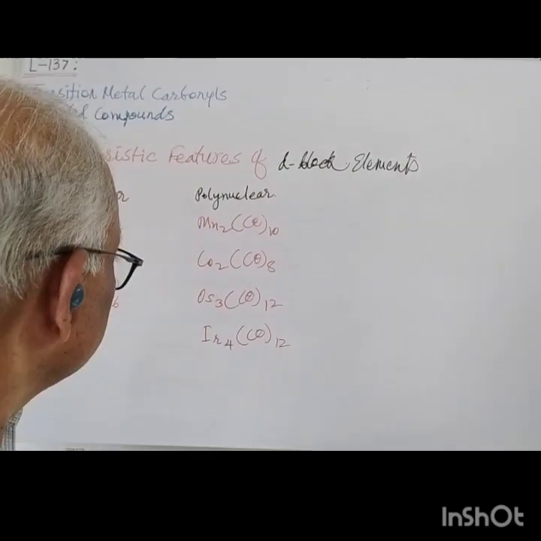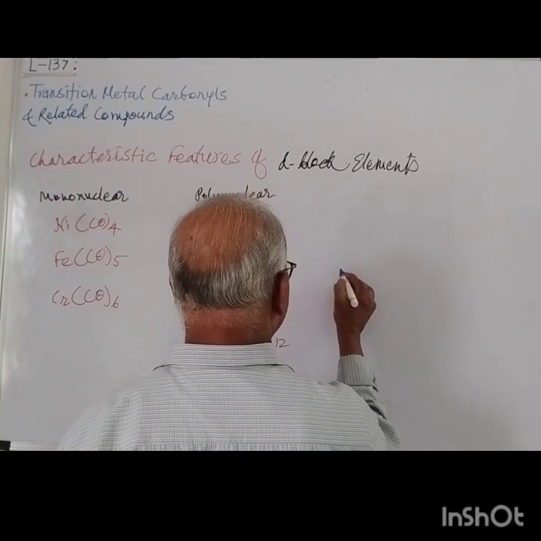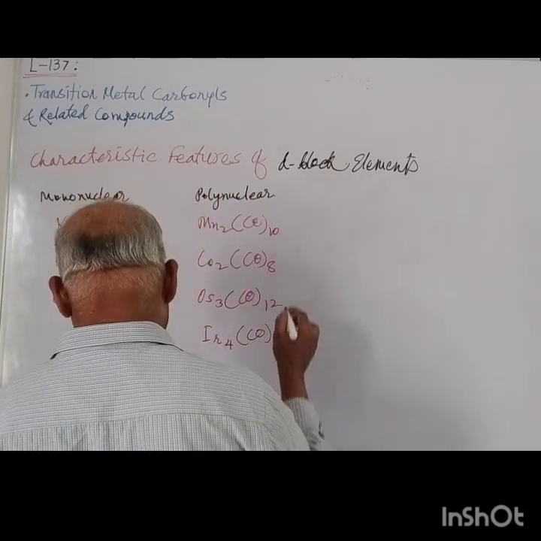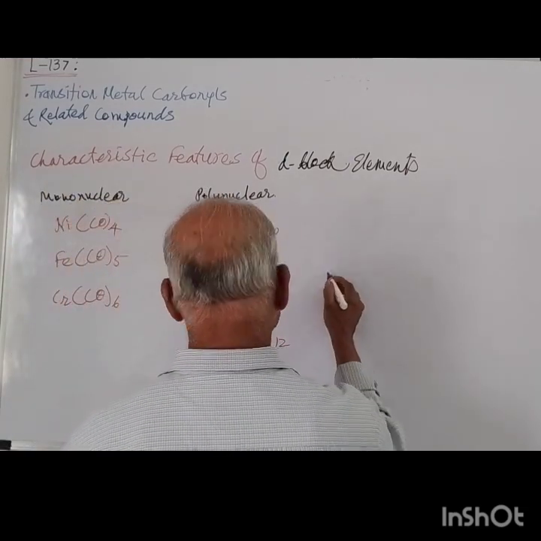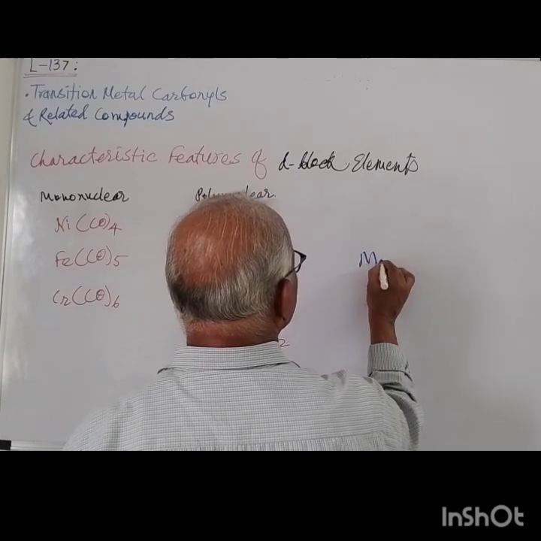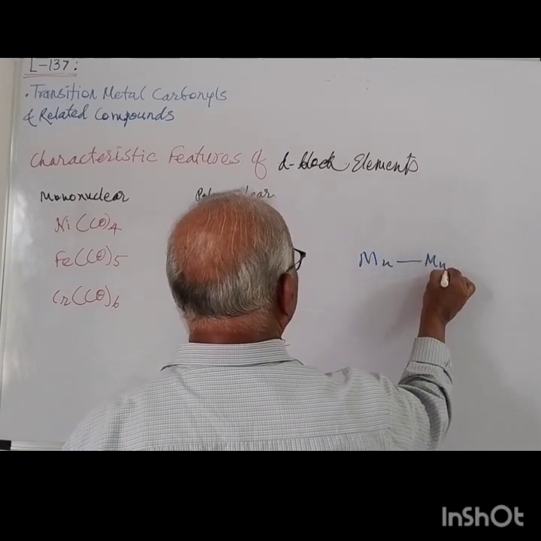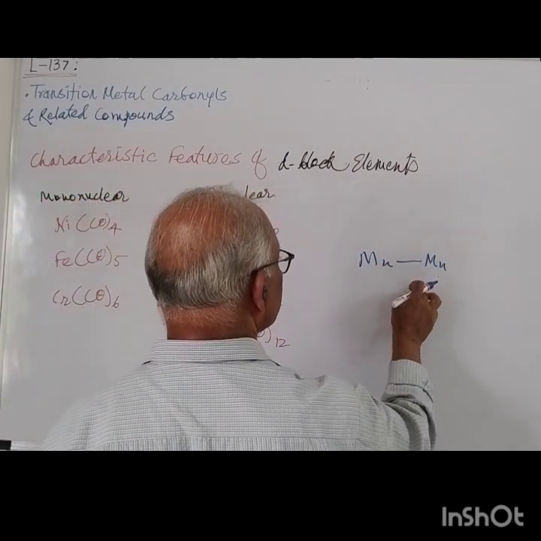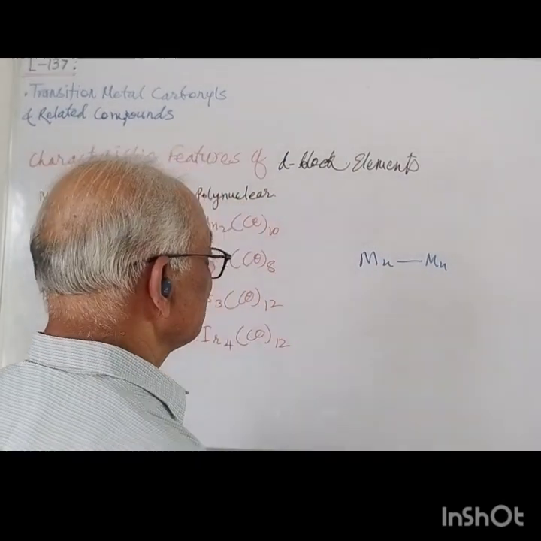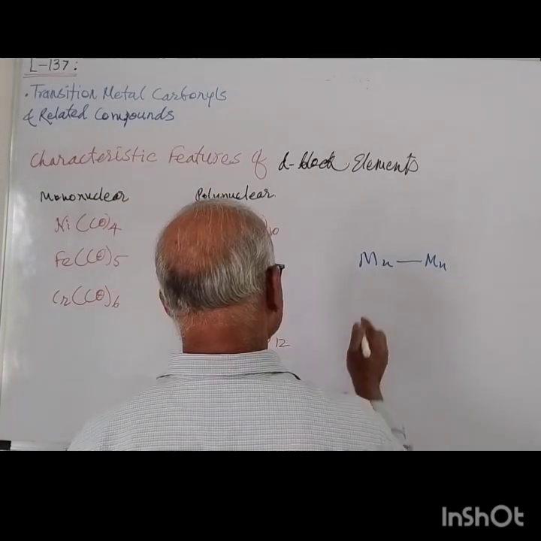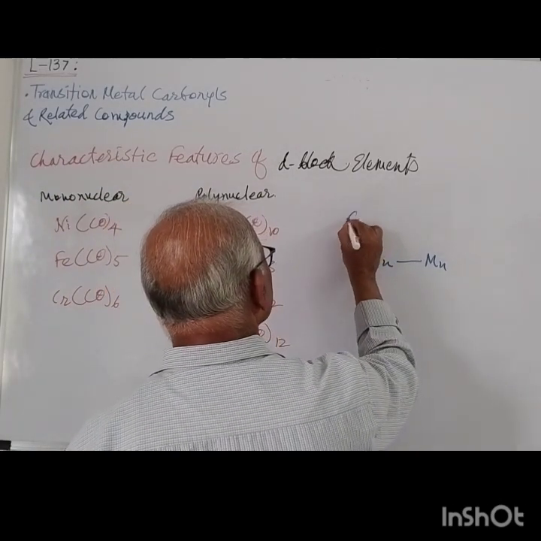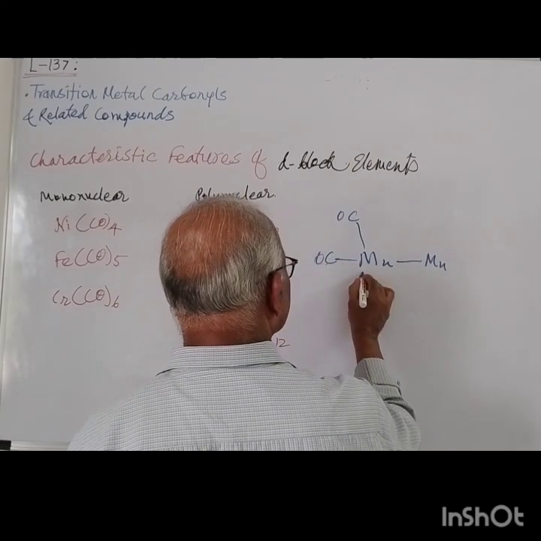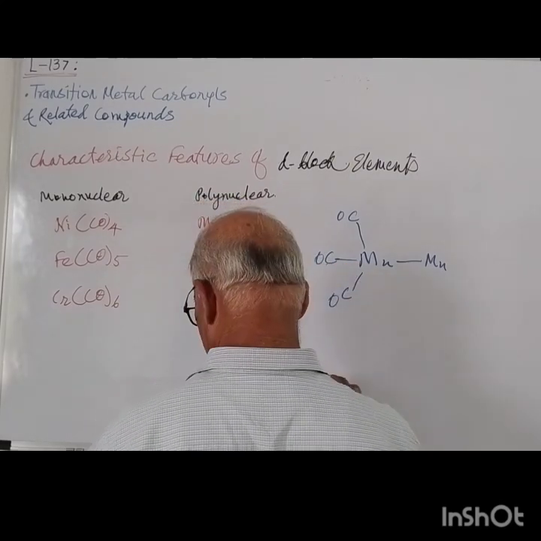For example, first we will see the structure of this metal carbonyl Mn2. So the two Mns are bonded this way, by a sigma bond. In addition to this, they will have the bonding with carbon monoxide in this way.